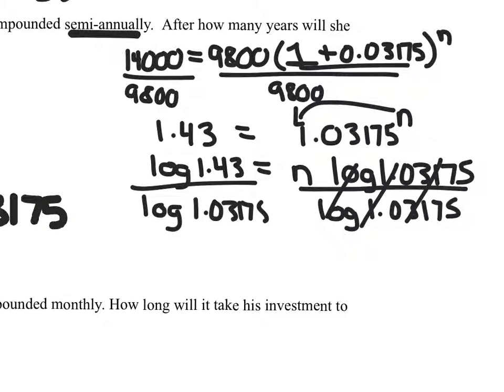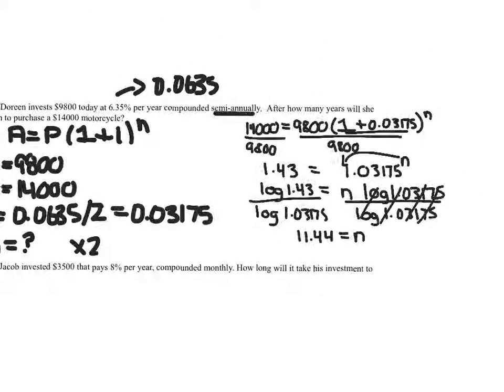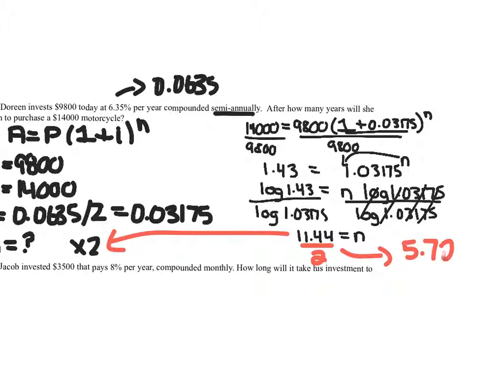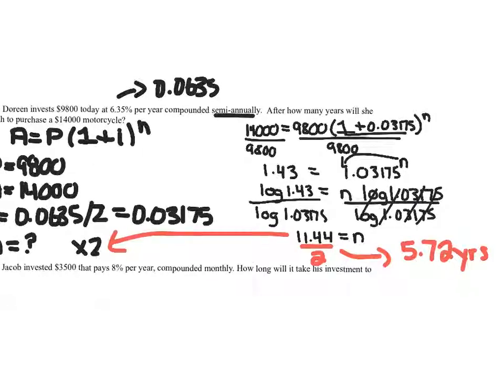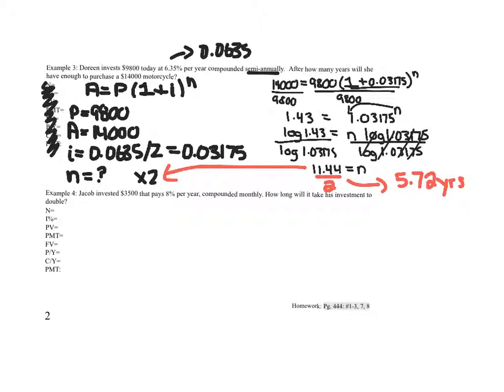That would cross out, and we would find out that n equals 11.44. But we're not quite done, because if you remember back to here, whatever n was, it was multiplied by 2 initially. So we have to divide it by 2. 11.44 divided by 2 gives us a value of about 5.72 years.